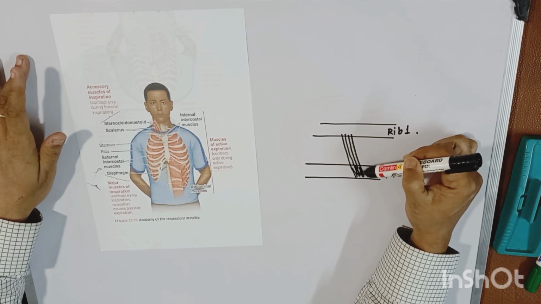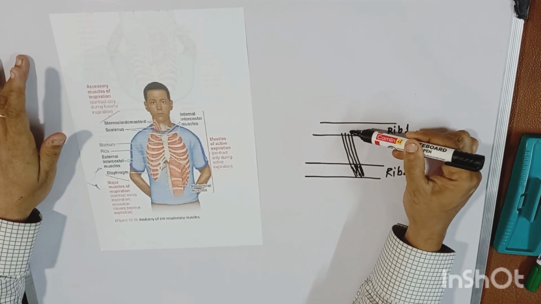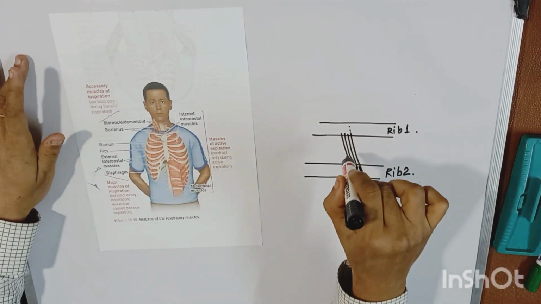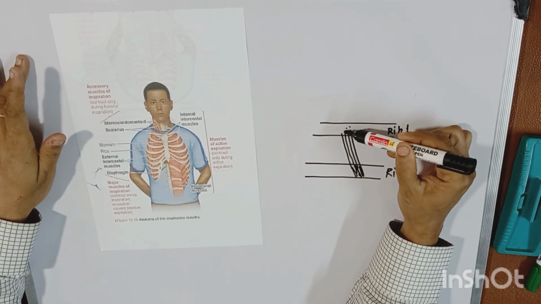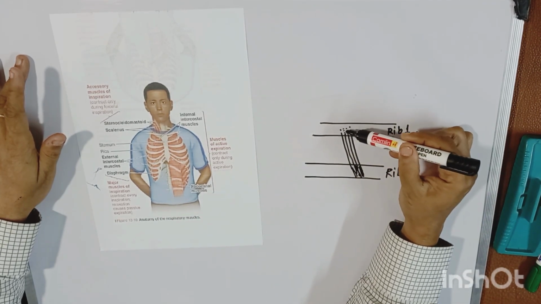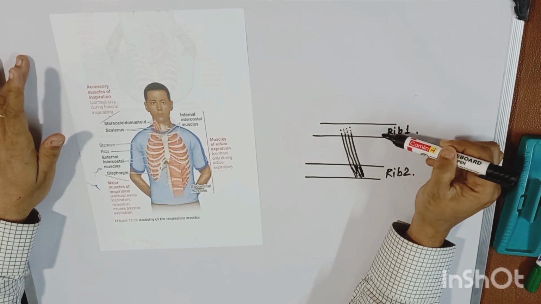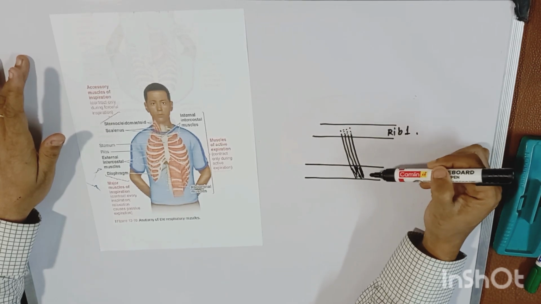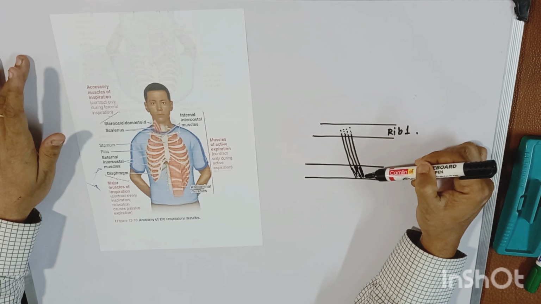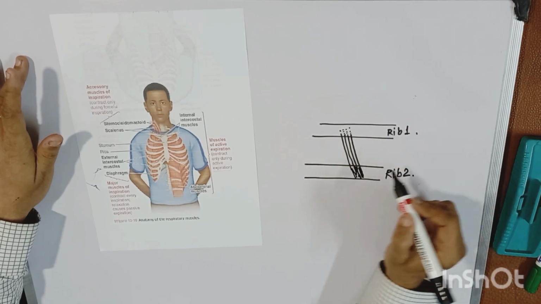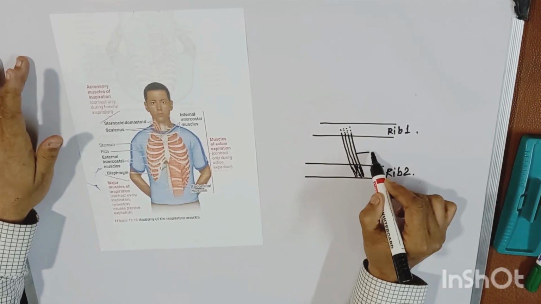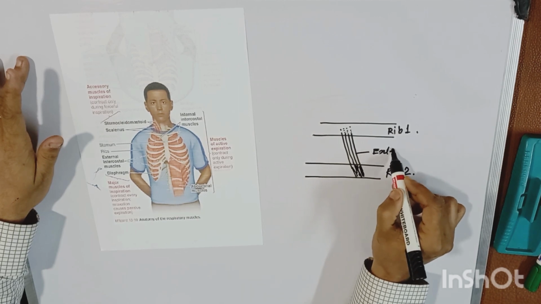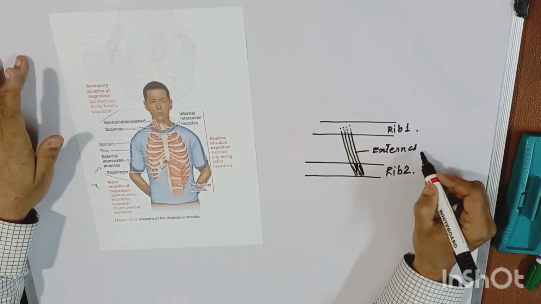So here the muscles are joined, and as I don't see it from this view, I'll give some dotted lines here. So these muscles are from the upper rib, they come from the backward and join here in the frontward portion. And these are the external intercostal muscles.